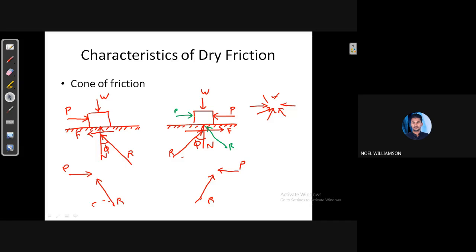Or when P is perpendicular to the plane, then resultant will be in that particular direction. So as a result, when P rotates like this, or P moves in a 360-degree, then the resultant sweeps a conical surface.